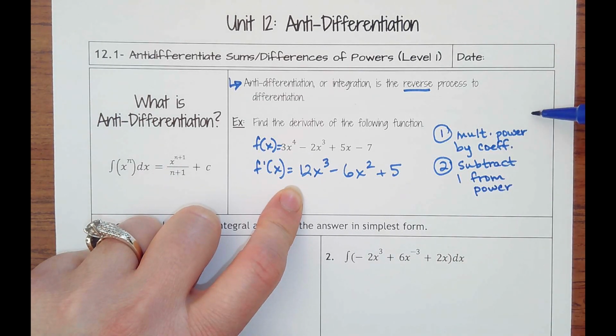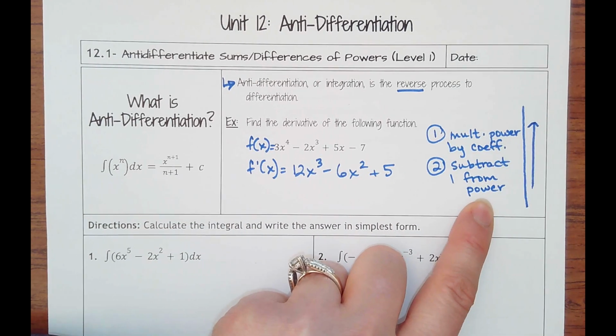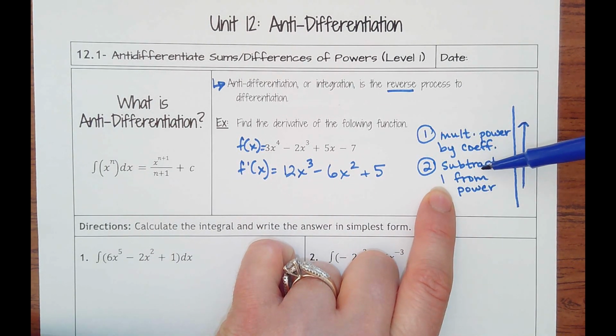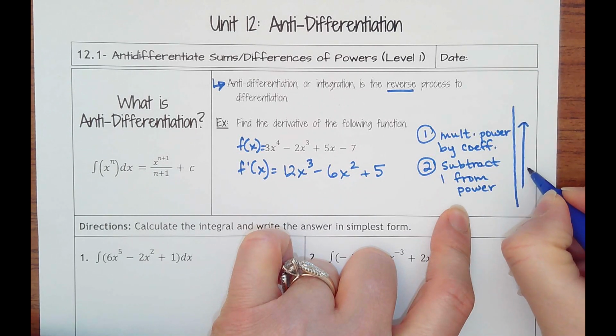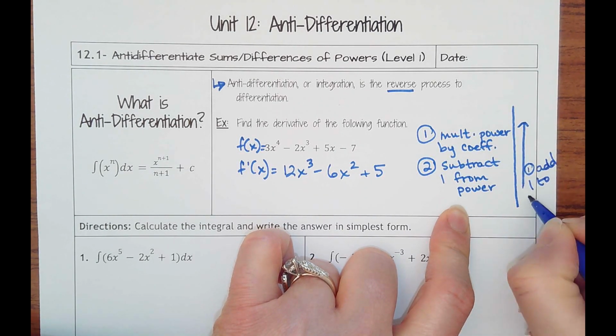When I used to teach algebra, and even now with pre-algebra, I teach kids when they solve equations that you have to figure out the order things happened, and then to solve you want to undo that order by doing the opposite. So we would start with the last thing that happened and undo it. So to anti-derive, instead of subtracting 1 from the power, we're actually going to have to add 1 to the power.